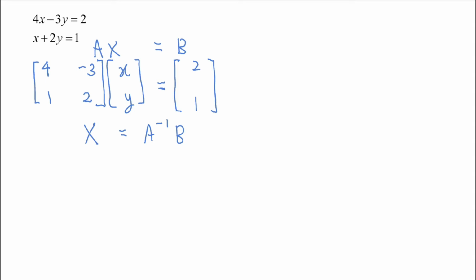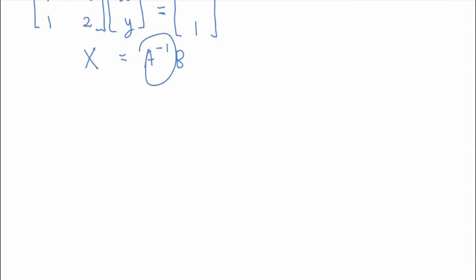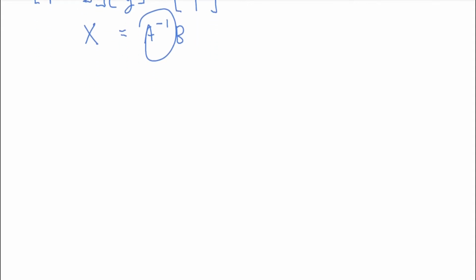So for the next step, we need to find the A inverse. To find the A inverse by using the adjoint method, you have learned before this. So A is equal to 4, negative 3, 1 and 2.